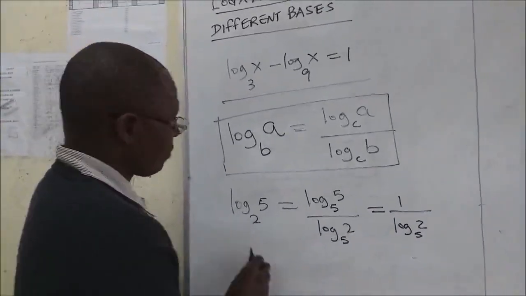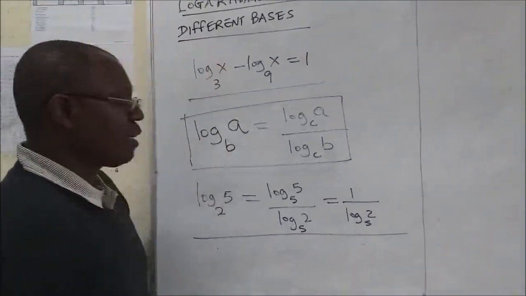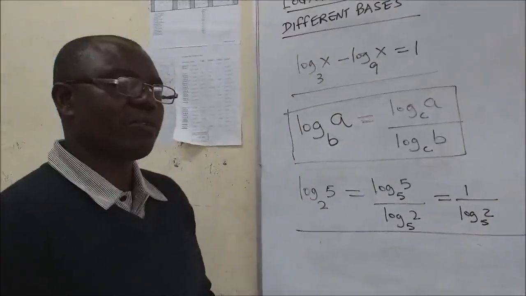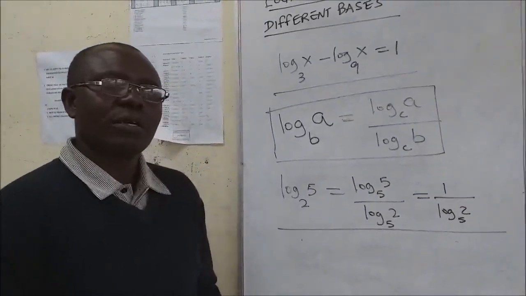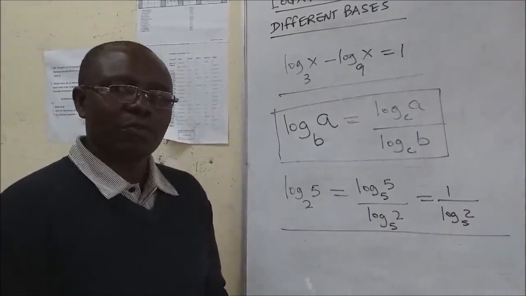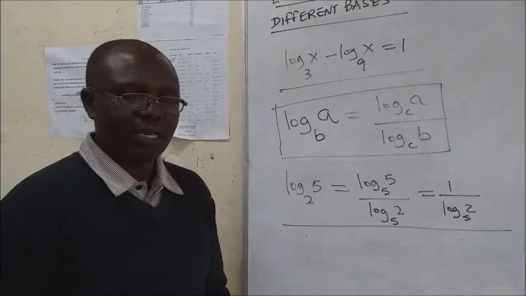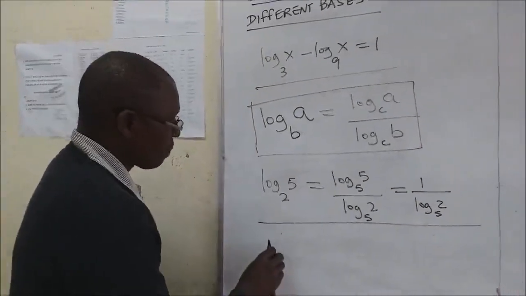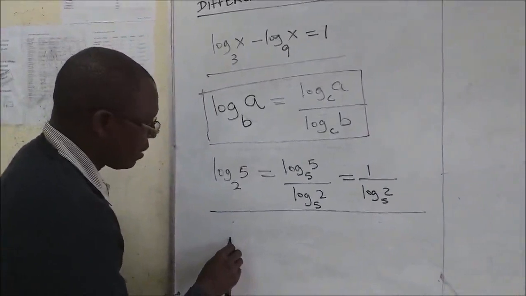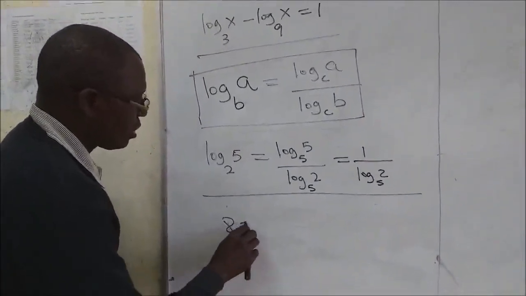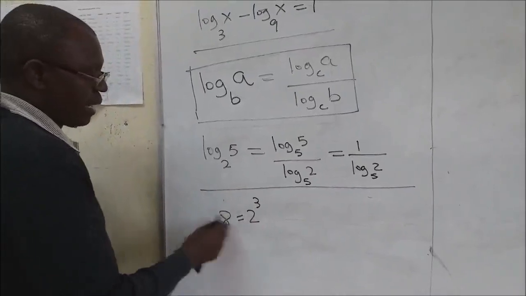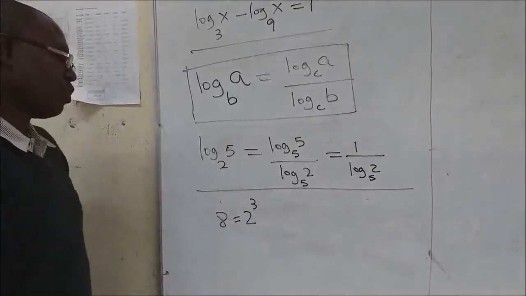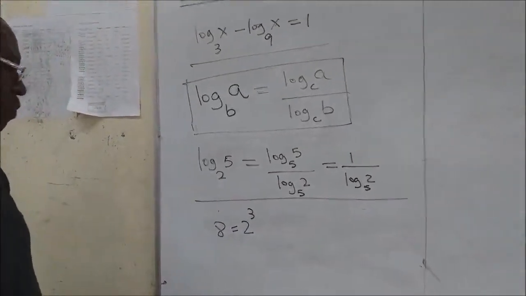Now, the other concept is changing an exponential equation to a logarithmic form, or vice versa. Suppose we have 2 to the power 3 equals 8. This is an exponential form.